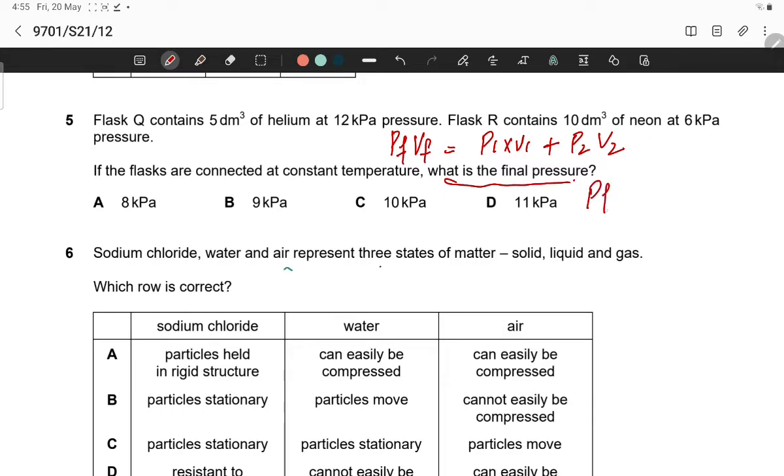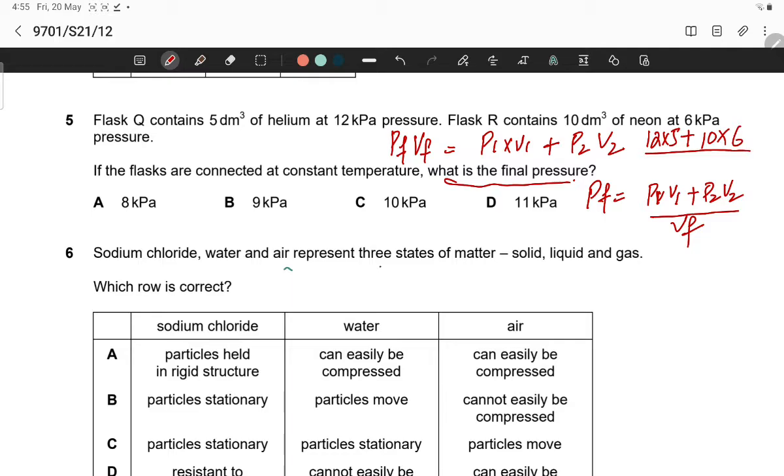PF is equal to P1 V1 plus P2 V2 divided by VF. So P1 is equal to 12 into 5 plus 10 into 6.